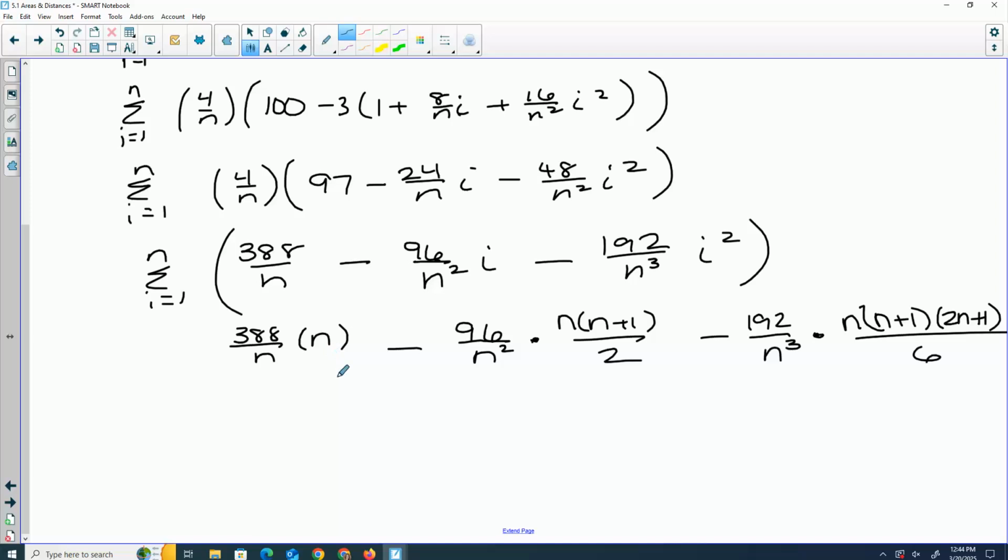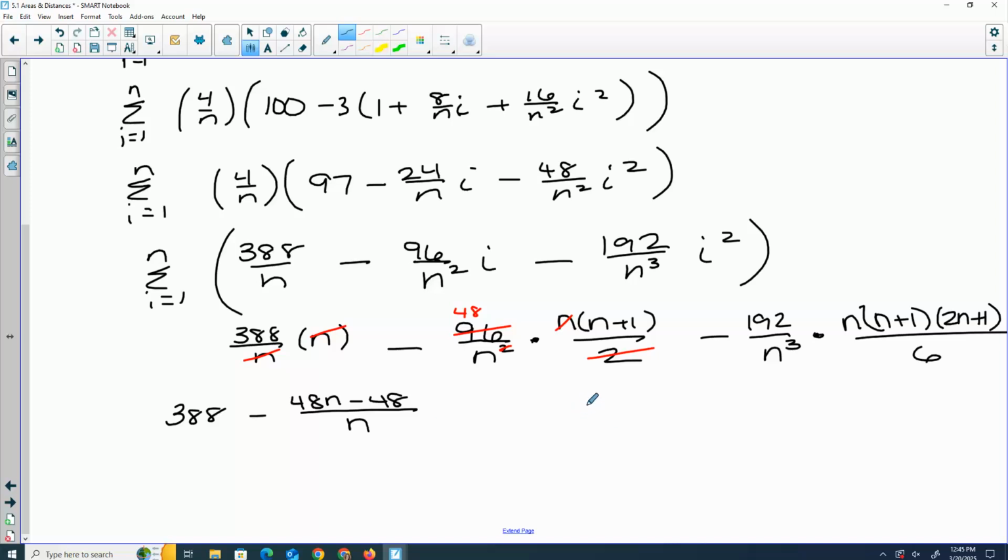Alright, is everyone okay here? Let's see what this simplifies to. 388 over n times n is 388. Here 96 divided by 2 is 48. I can cancel one of those n's, so I get 48 times n times n plus 1 over n.